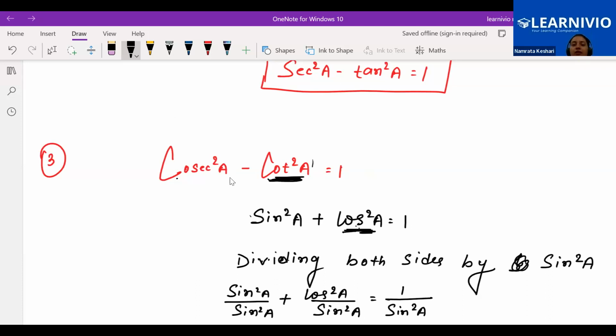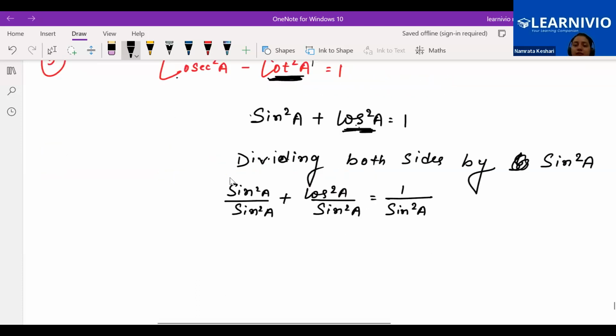Now sin square by sin square is 1, plus cos square by sin square can be written directly as cot square. And 1 by sin square is what? 1 by sin square is cosec square.